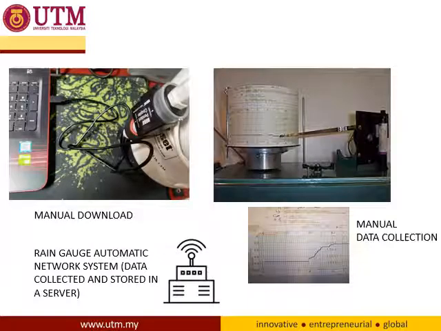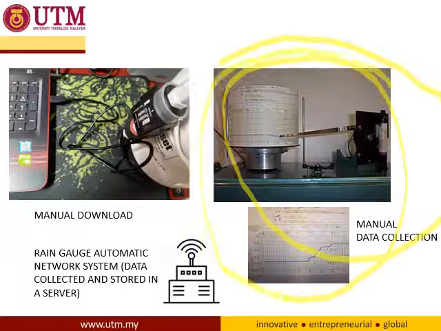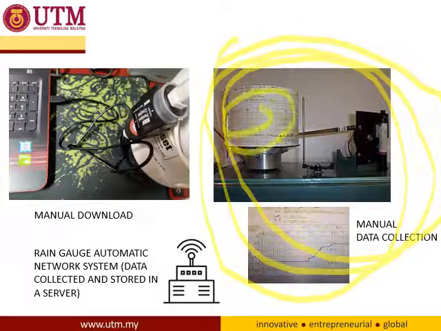Okay, so we know the mechanism. Part of the mechanism is also how the data is being noted or recorded. For example, this one on the right is quite an old way. For recording, you need to have some kind of graph paper. And then, whether it's tipping bucket or float type, there will be a pen which will record on the graph paper the level of depth of the rainfall being collected.